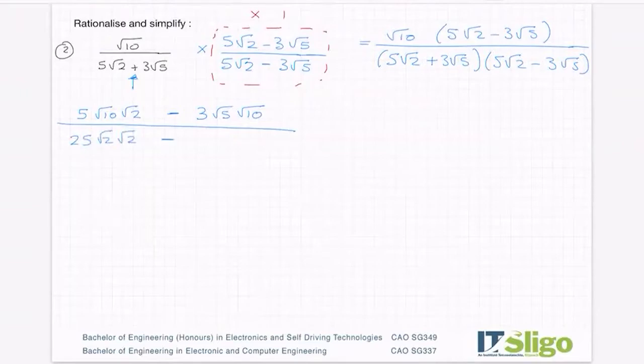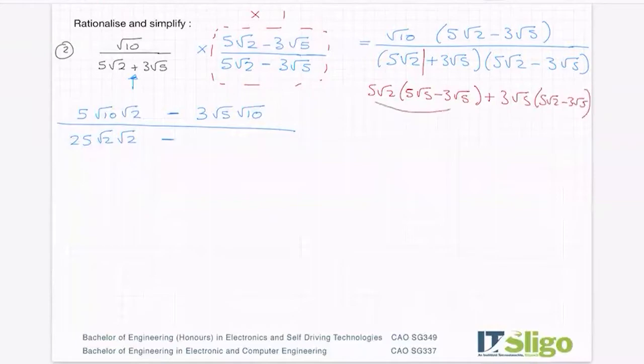And then I have 5 root 2, and let me show you what I'm doing. I'm splitting the first one, so I'm getting 5 root 2 by everything in the second bracket. And then I'm going back for the 3 root 5 by everything in the second bracket. So that's what I'm doing here down the bottom.